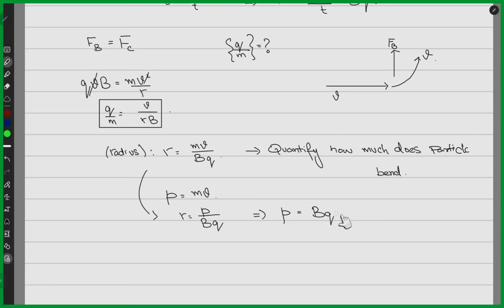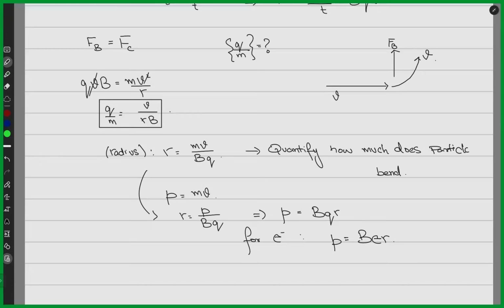For an electron, the linear momentum is BeR.